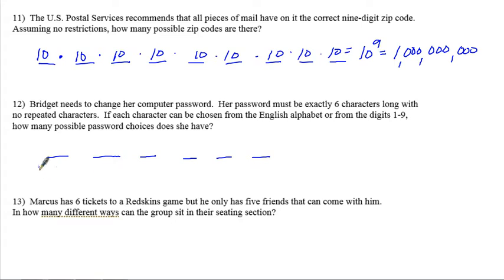So we have 26 letters, and the digits 1 through 9. So if we add 9 to the 26, we get 35.